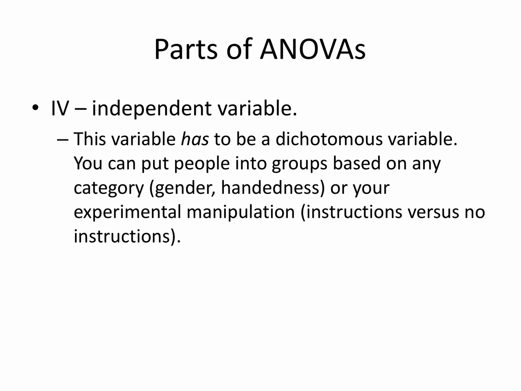We can put people into groups based on any category or any kind of experimental manipulation we're interested in. We might split by gender, or we might give one group some instructions and another group we just let them do whatever they want. So here you have control over the categories, but it has to be some sort of this or that, which is what I mean by dichotomous.